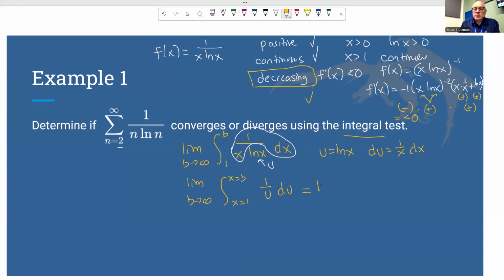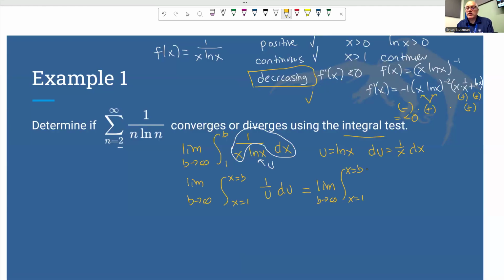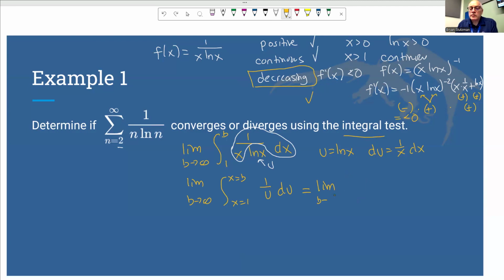which is the limit as b goes to infinity of the integral from x equals 1 to b of, I forgot to take the antiderivative. The natural log of u from x equals 2 to b. And u is natural log of x.